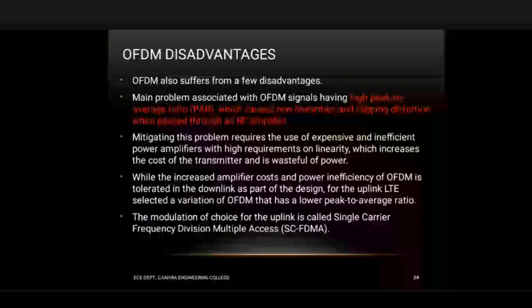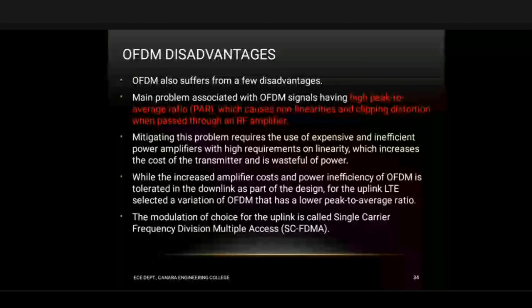Along with that, we have some disadvantages, and the major disadvantage we discussed in the class. It has a high peak to average power ratio, PAPR, or just PAR, which causes non-linearities and clipping distortion when passed through an RF amplifier.